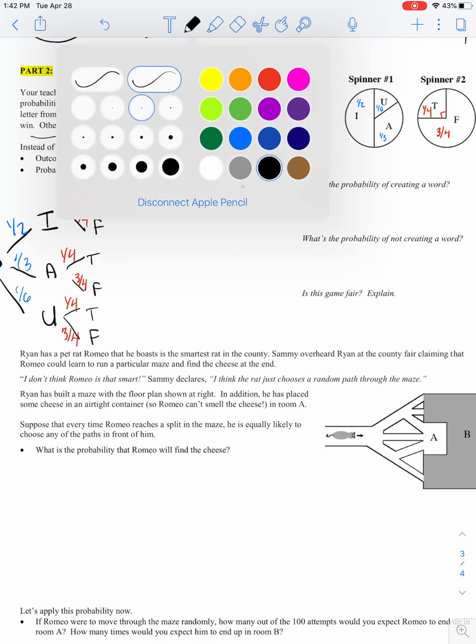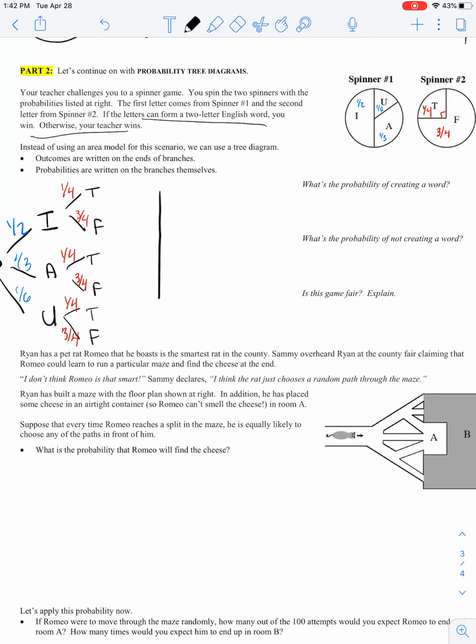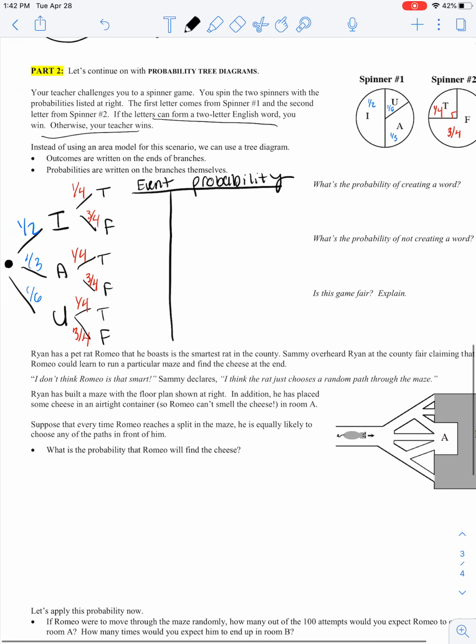So we have 6 total events, so let's talk about those. We're just organizing our information. So we have an event, and then we have the probability of that event. So event number 1, if you follow the trail, if I spin an I, then a T, you multiply through the branches.